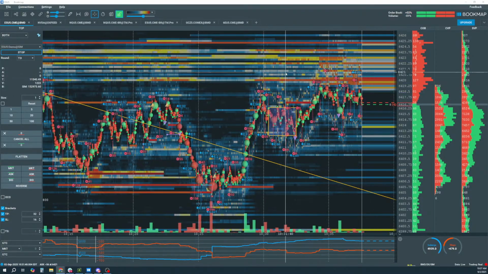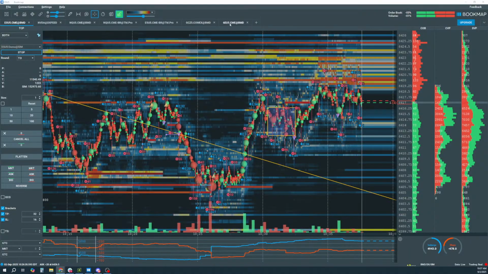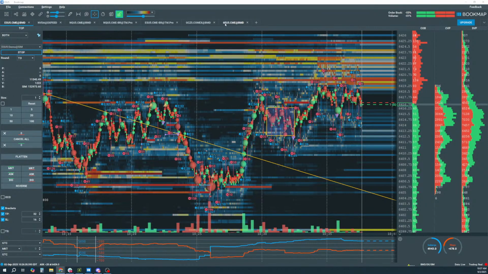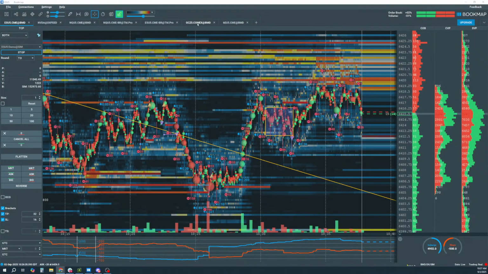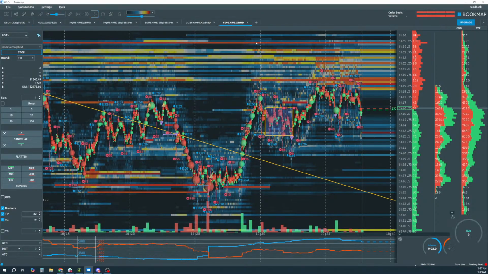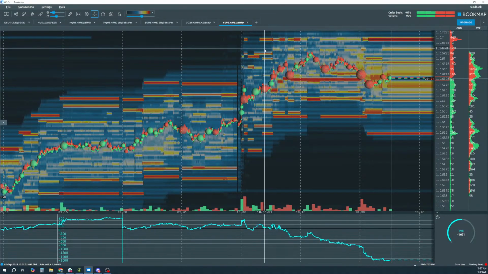In fact, let's take a look at we've got gold, and I input the 6E here, the euro dollar. I'm curious about this euro dollar. I inputted it, but I didn't take a look at it yet.